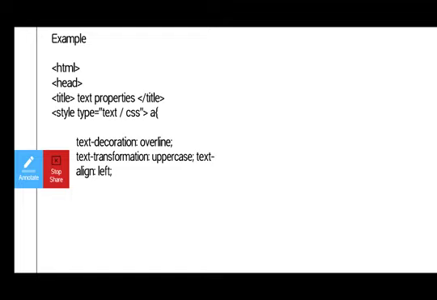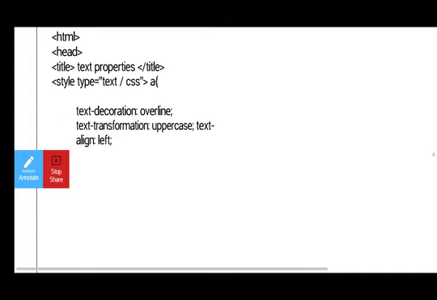Here we have a style for the text properties. We are going to apply some styles to the text properties. In the style, we are going to type either text or CSS.